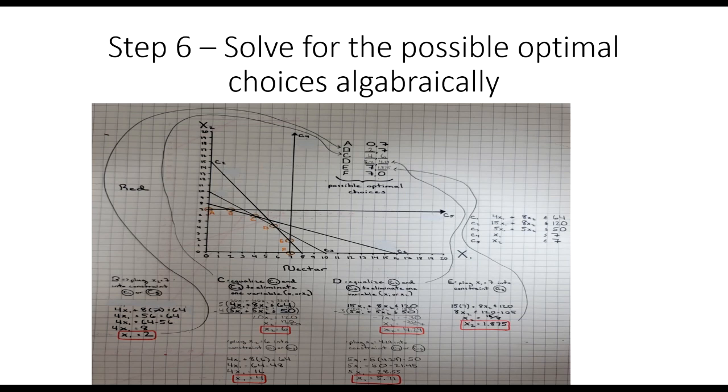Now, we go to point C. Point C we see here is the intersection of two lines. It's the intersection of C3 and C1. Because we have no points given, we have to equalize C1 and C3 to eliminate one variable.